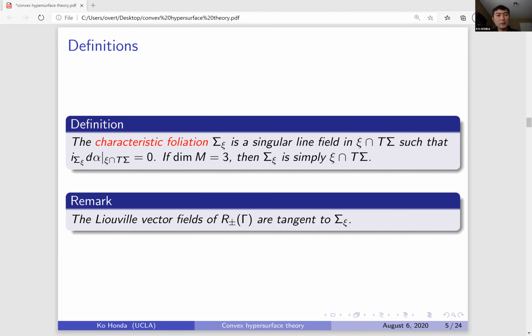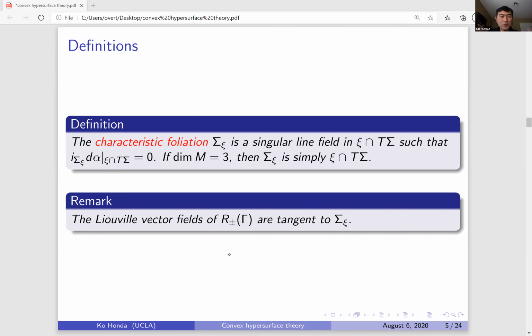The good thing in dimension 3 is that, since you have low dimensions, the characteristic foliation is simply C intersect T Sigma. And maybe the most important remark here is that the Liouville vector fields of R plus and R minus are actually tangent; they direct the characteristic foliation.